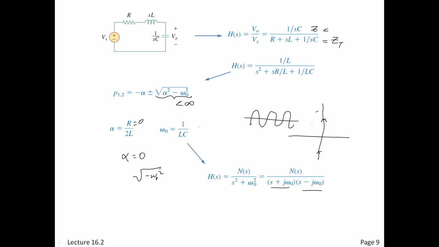This also gives us a clue. Since R equals 0, why does that make it unstable? Because R is a damping element. It takes the energy and converts it to heat, so that's why it would always converge. But as soon as I take that away, it becomes unstable. So it's a good unstable circuit.